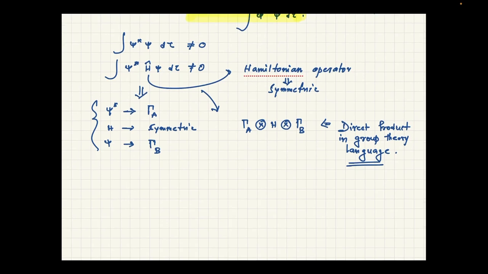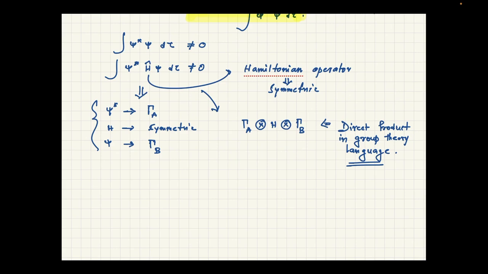Now I have told you that H is symmetric for a particular point group, so H is symmetric with respect to all symmetry operations. In any point group there is a totally symmetric representation, which we call A1 or A1g.